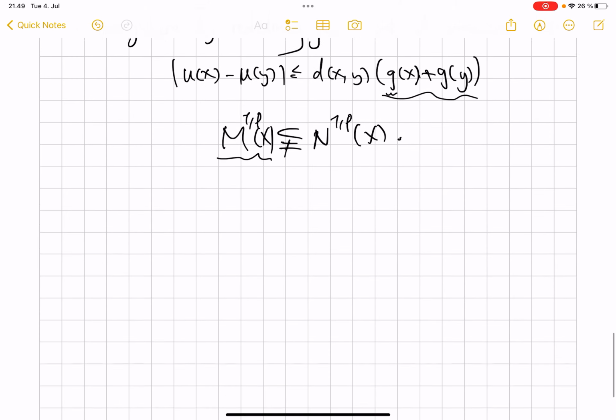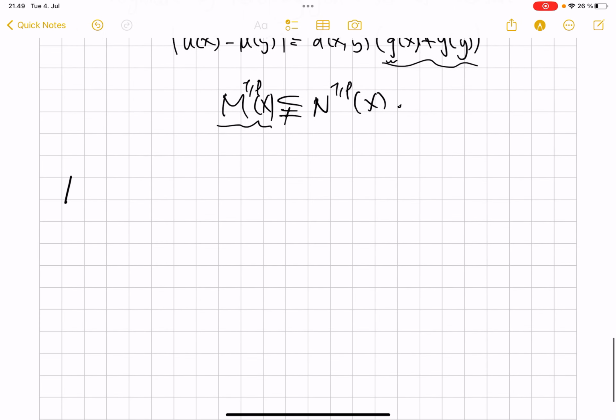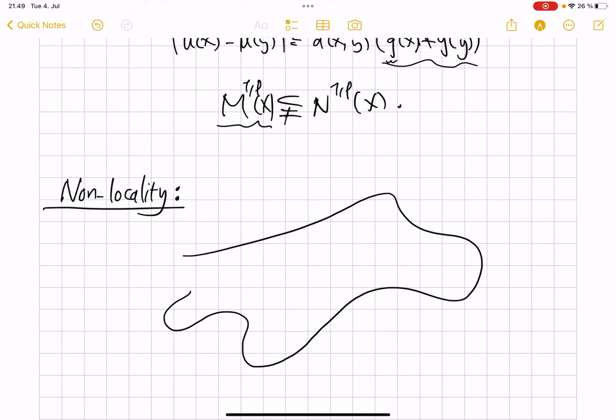Okay, and last remark, non-locality. So we said that g is the Hajlasz gradient of u, and heuristically it's a derivative of u, but it also has some properties that are very different from what we are used to expect from derivatives.